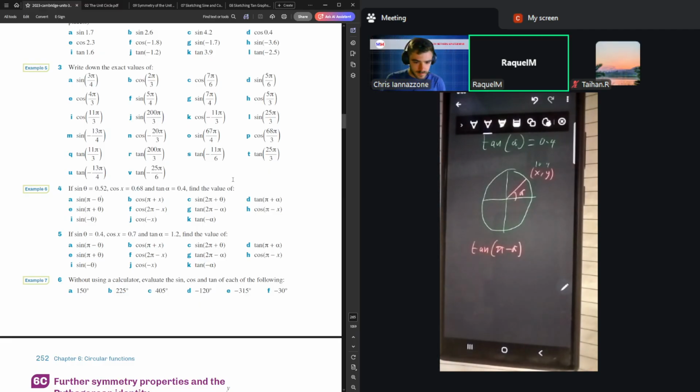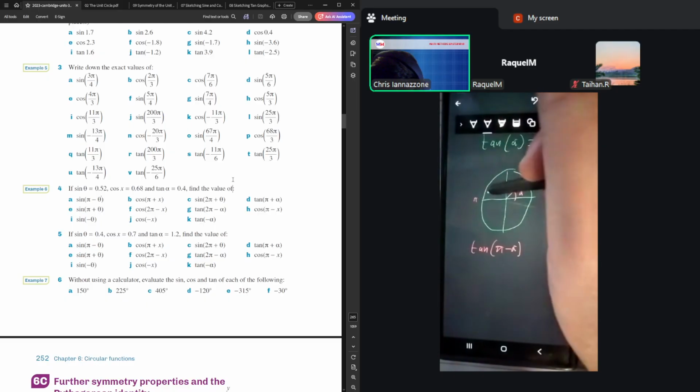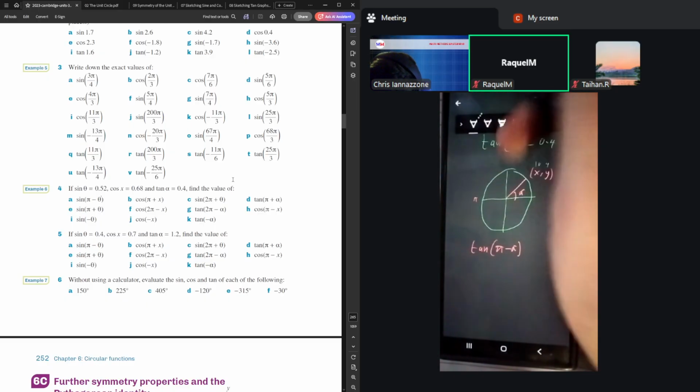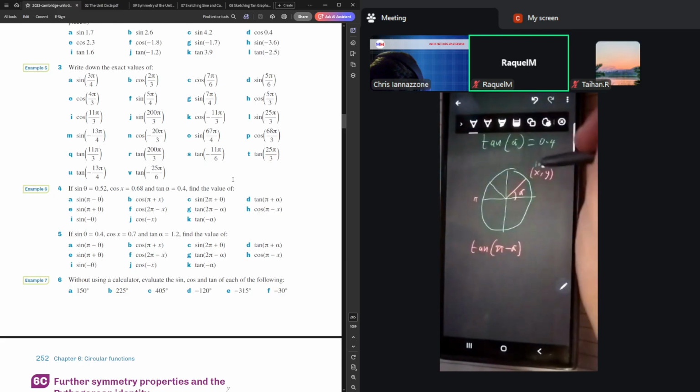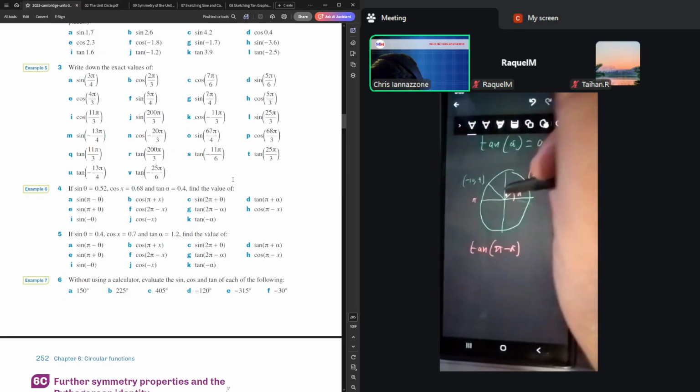Quadrant 2. Quadrant 2 is correct, yeah, and the coordinates would be negative 10, 4. Yeah, so you'd end up with negative 10, 4 there if you're using this version of the notation.